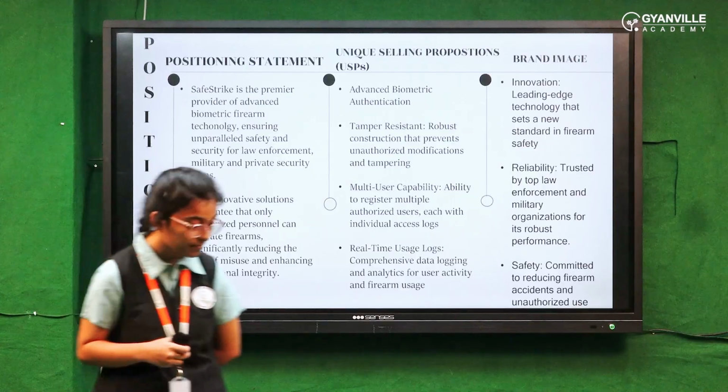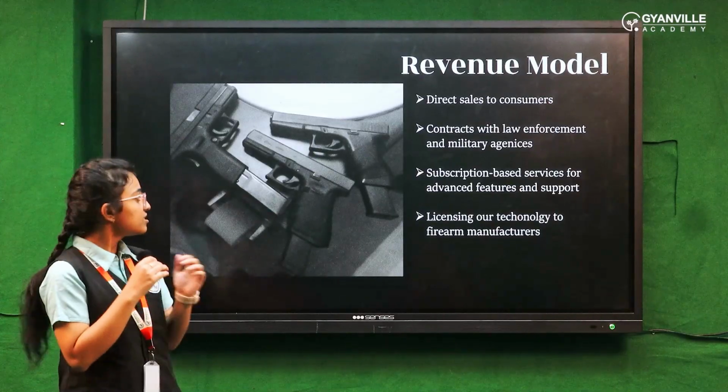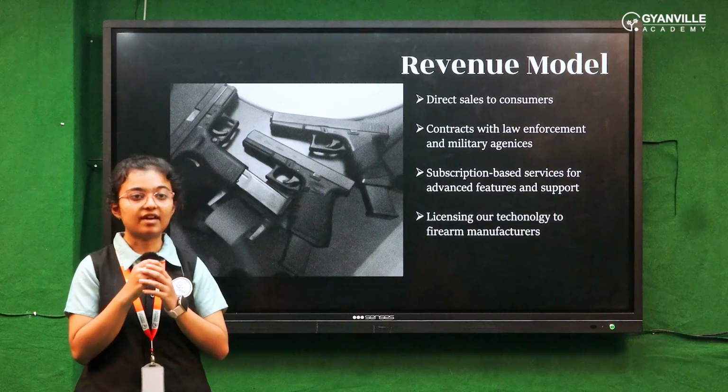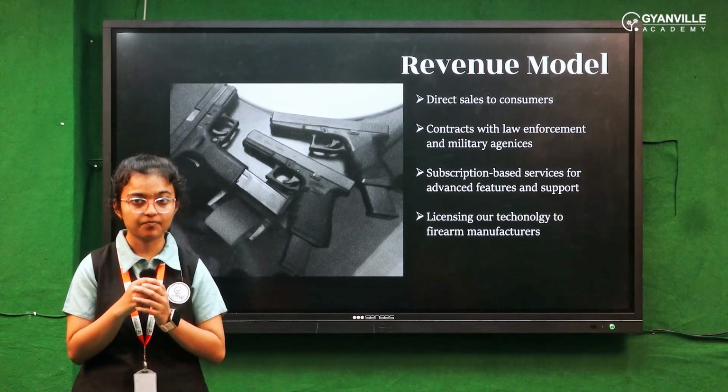Yes. So, the revenue model: it satisfies the existing needs, and subscription is based on services for advanced technology and support. It is both B2B and B2C.